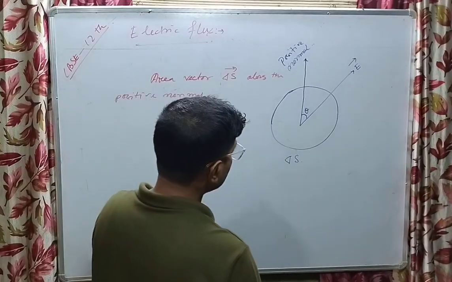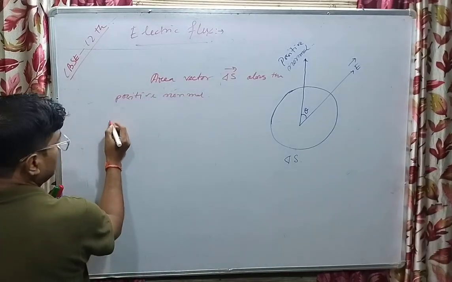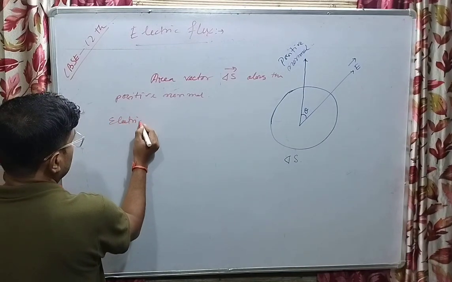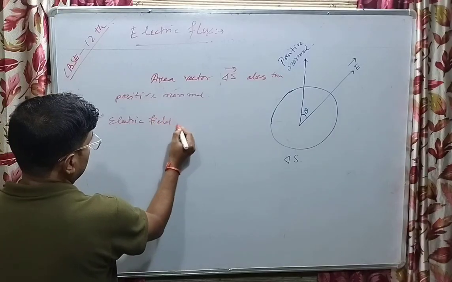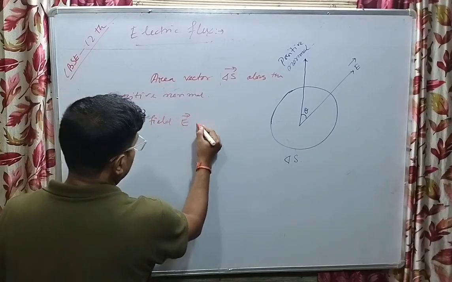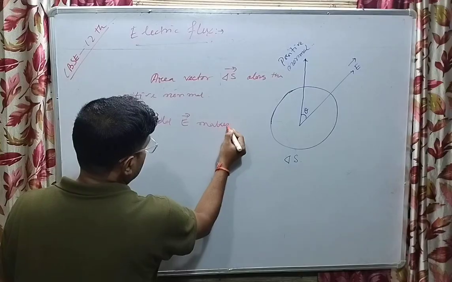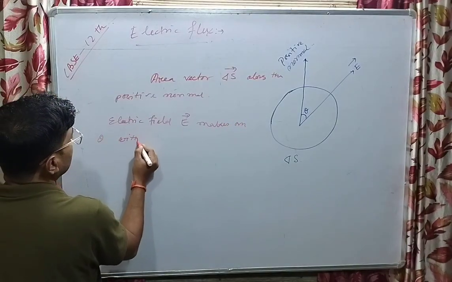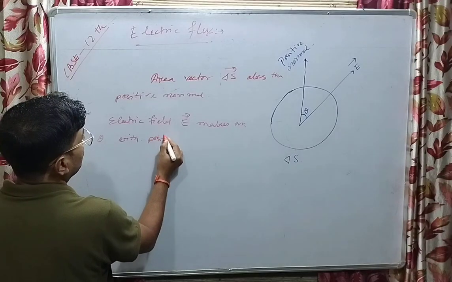And the electric field vector E makes an angle theta with the positive normal.